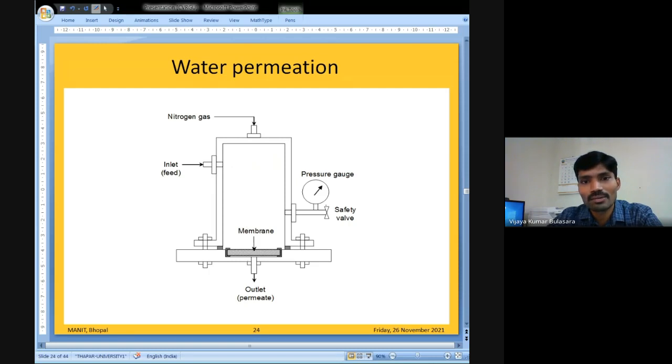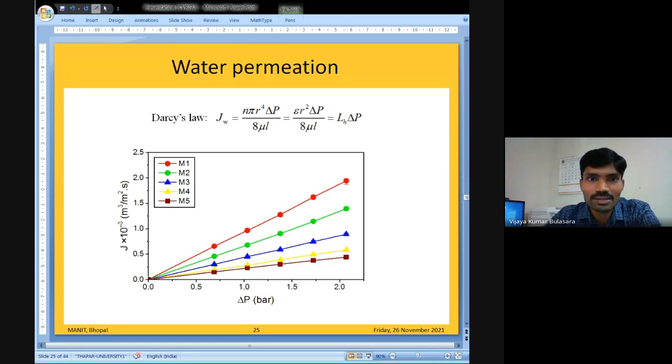Then at various pressures, that is transmembrane pressures, we measure the flow rate of the permeate, and then they are related by means of the modified Hagen-Poiseuille equation. In this, we assume that there are n number of pores per unit area of the membrane, and all pores are cylindrical and of the same dimensions.